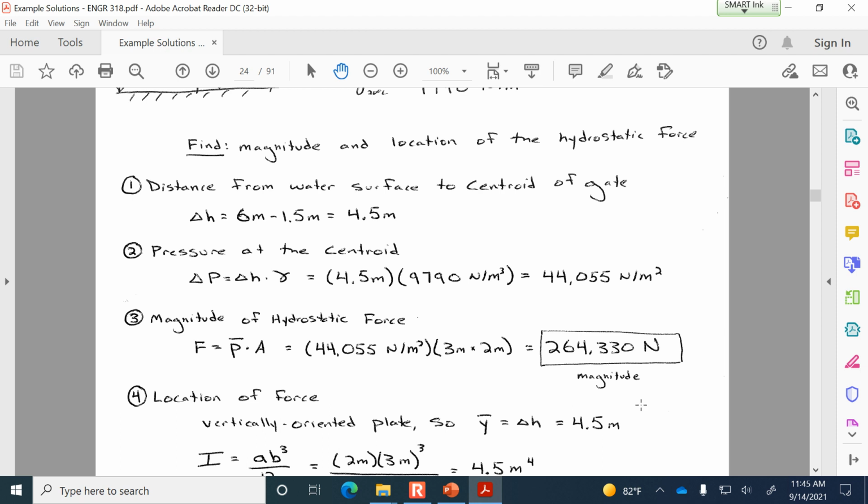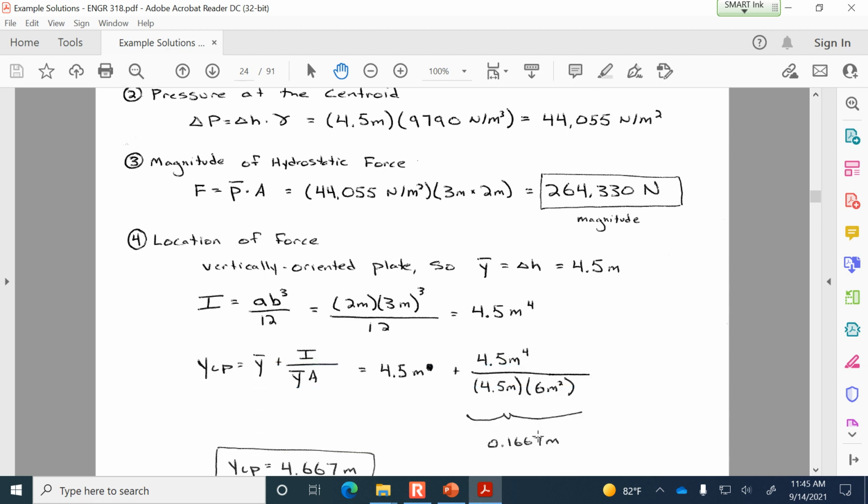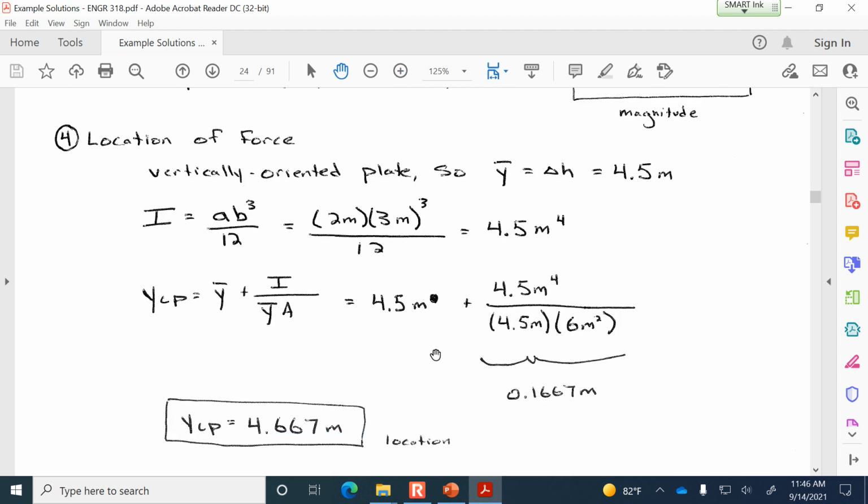And now to find the force location, this is where we have to use the formula for YCP. Just to set the preliminaries, the y bar is equal to delta H, and the area moment of inertia, 4.5 meters to the fourth. So when we substitute it in here, the location of the center of pressure is 0.1667 meters below, so it's a little bit below that center of area of the gate.